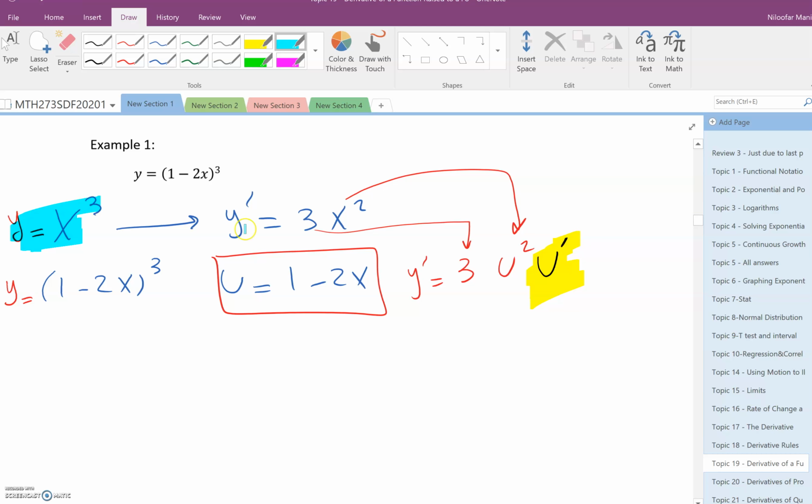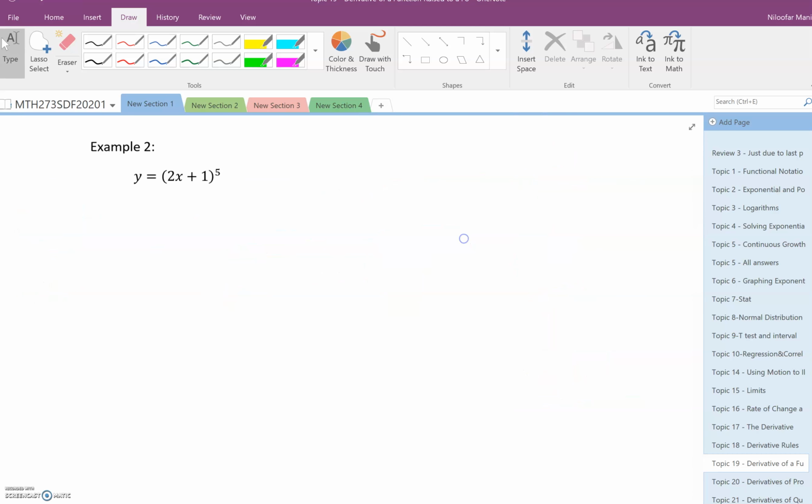This is the answer. Done. But if you don't have x there, you have something else, you have to use u, you have to do the same thing, you have to substitute u, times with u prime. This is important. A student forgets this one, okay? U prime.